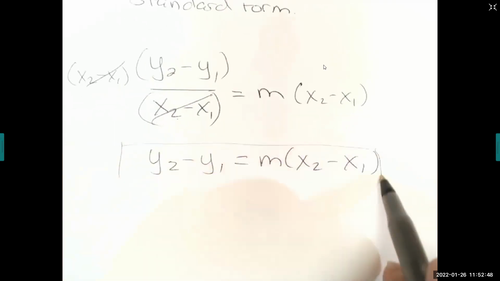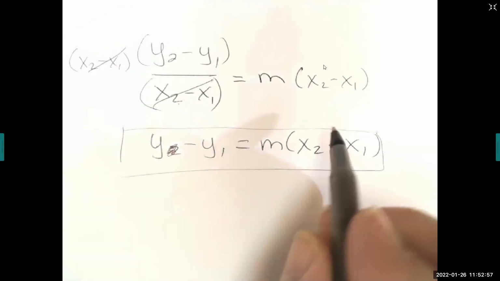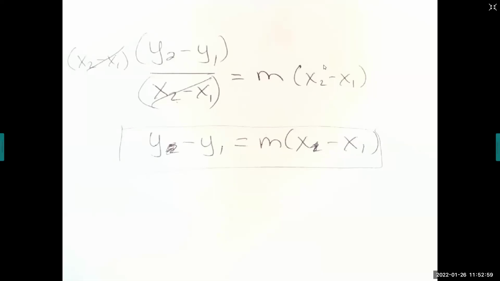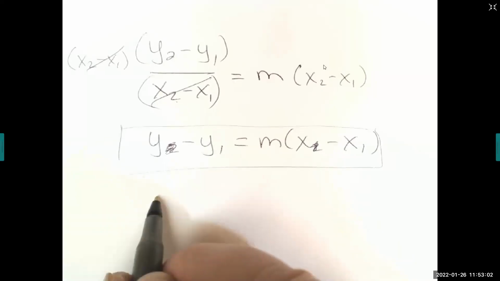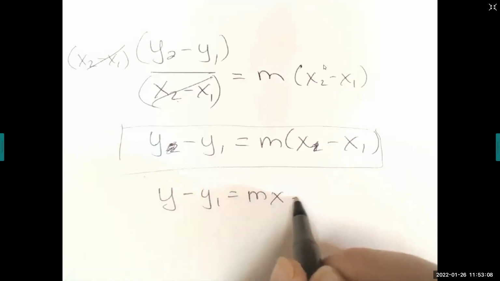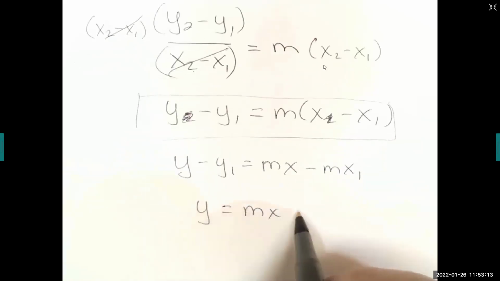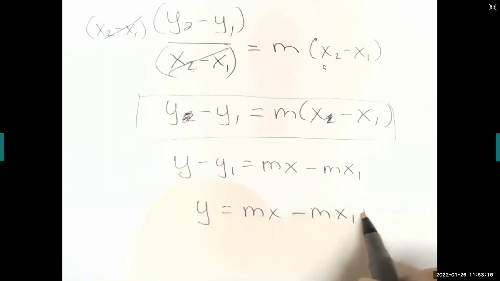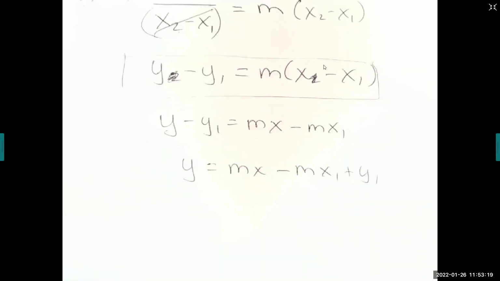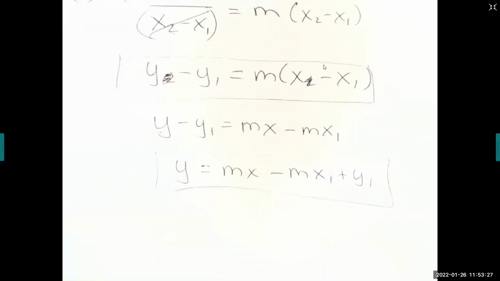What form is this? Point slope. Remember, we don't need the y2, x2. If we solve for y, this form is y equals mx plus b.